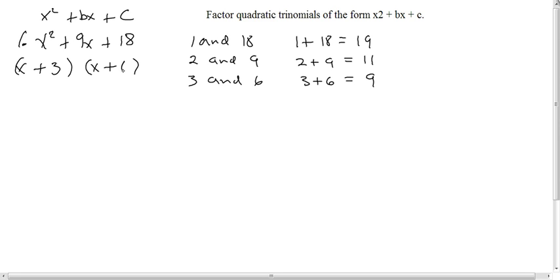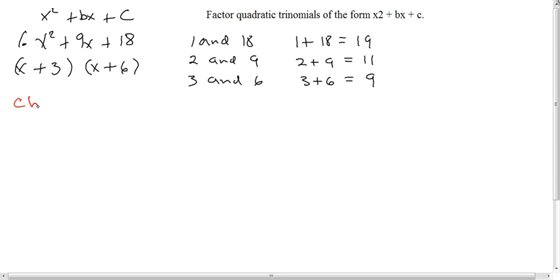We're looking at 3 and 6. So of course we have now determined that x plus 3 times x plus 6 will equal our trinomial. But to make sure, let's check using FOIL.